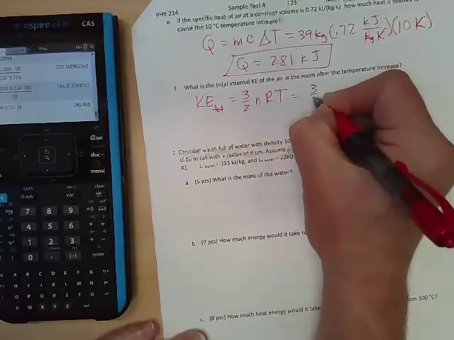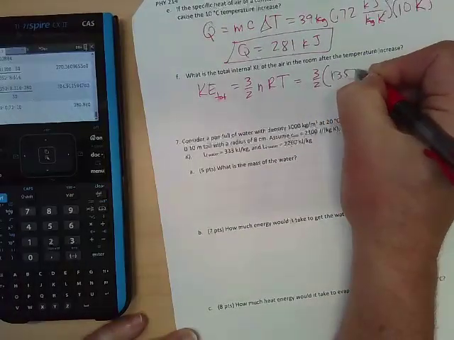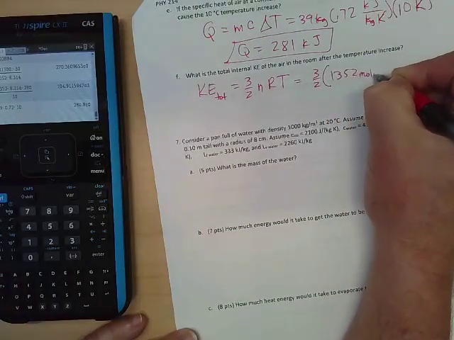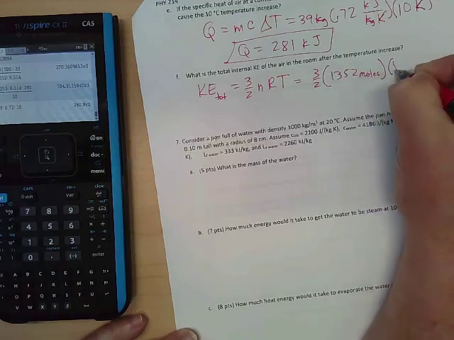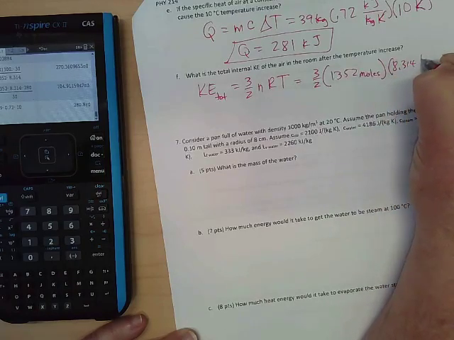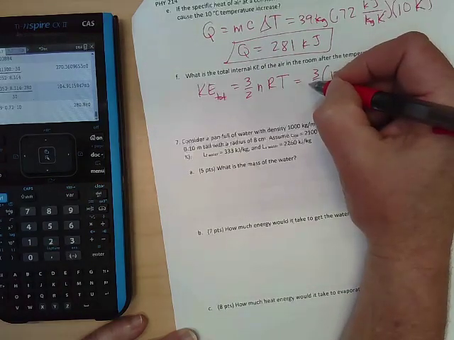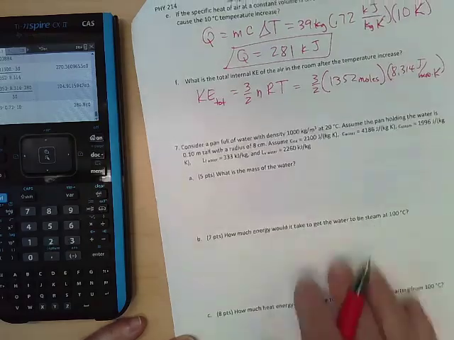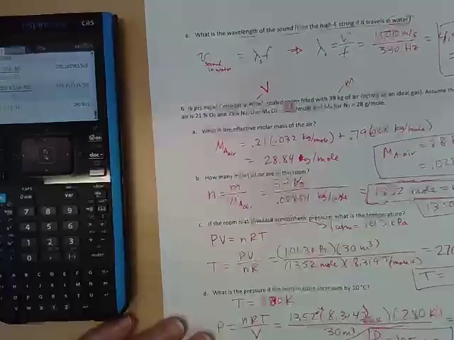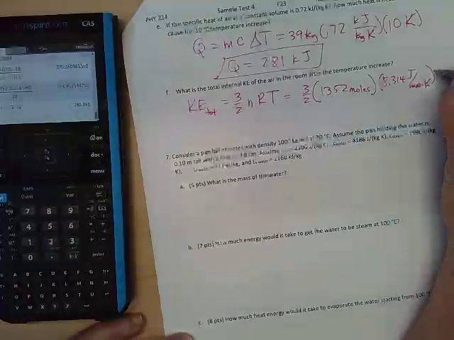And so we got 3 halves, 1.5, n was 1352 moles, R 8.314 joules per mole Kelvin, and T is the new temperature, 280 Kelvin.